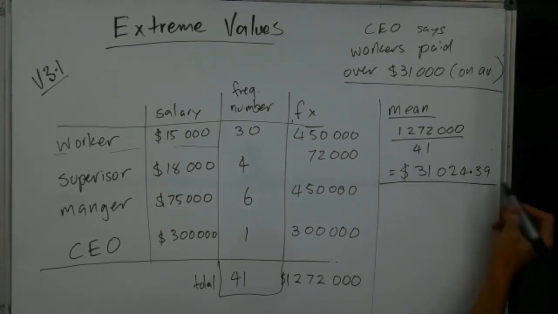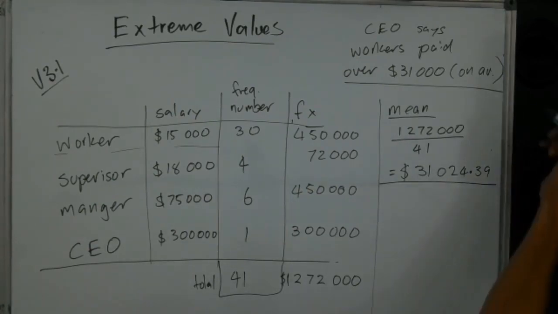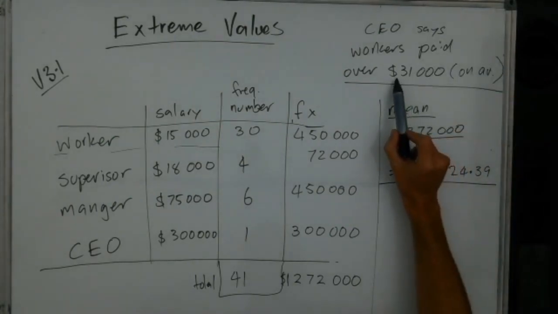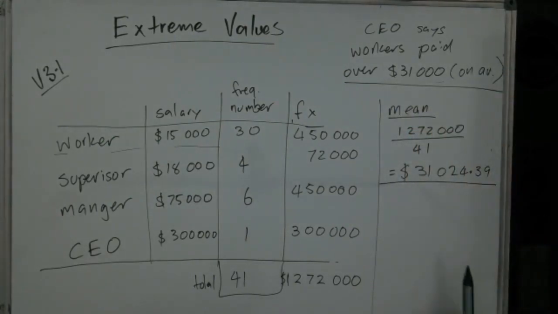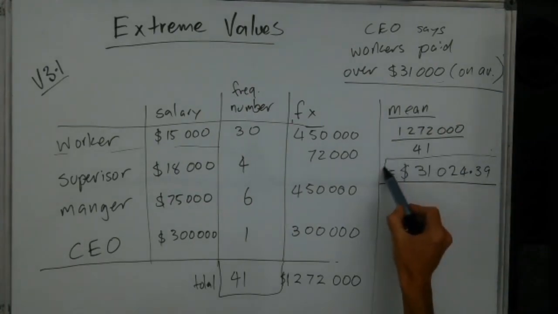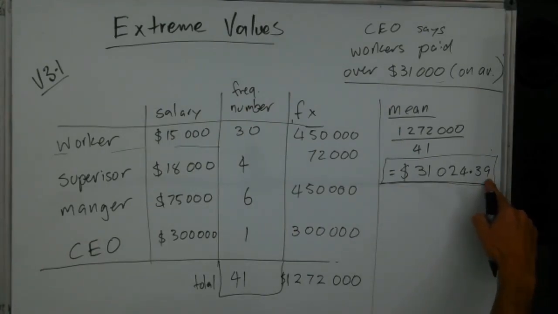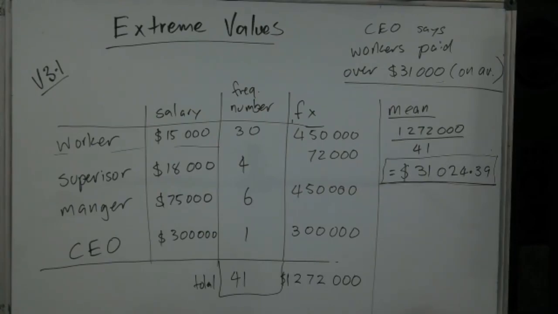So, just based on that, the CEO said that workers are paid on average over $31,000. So we worked out the average, and yes, indeed they do, on average. So this number seems to back up what the CEO said.